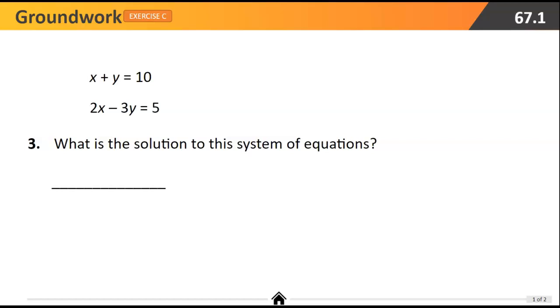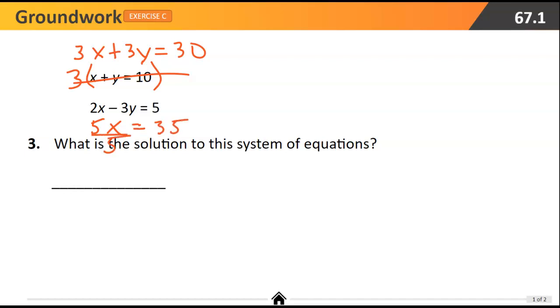This next example, to solve this system of equations, you're now talking about having to combine equations. So if you multiply this whole top equation by 3, that's going to give us an equation to work with: 3x plus 3y is equal to 30. When you add these equations together now, the y's being opposites of each other, they zero out, and 5x is going to equal 35.